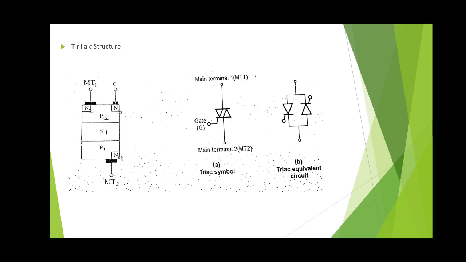So this was all with respect to the DIAC. Let us go with the next power semiconductor device, that is the TRIAC. Before I explain the TRIAC, if the application of DIAC is asked, then one application we can write is that DIACs are mainly used as triggering agents for TRIACs.